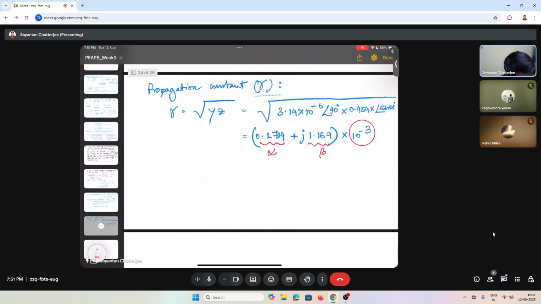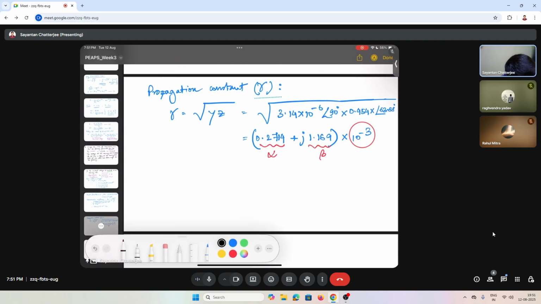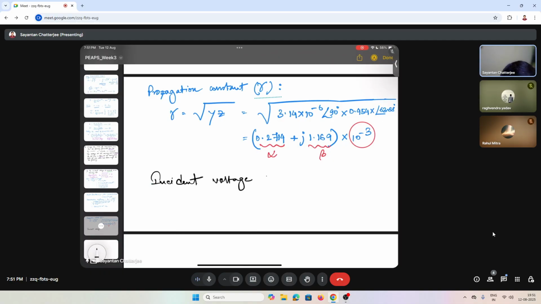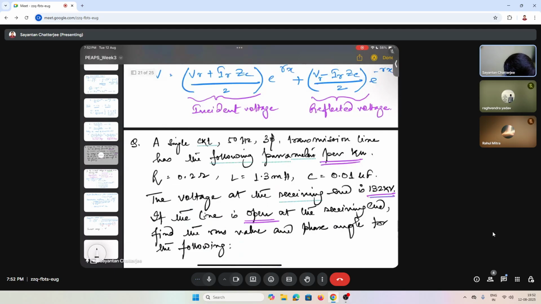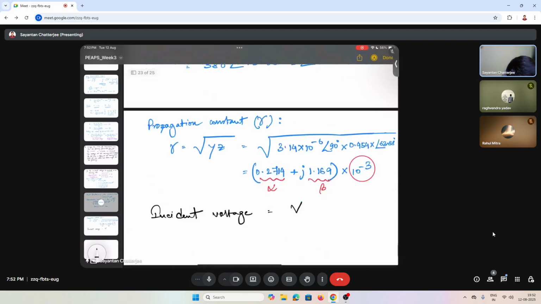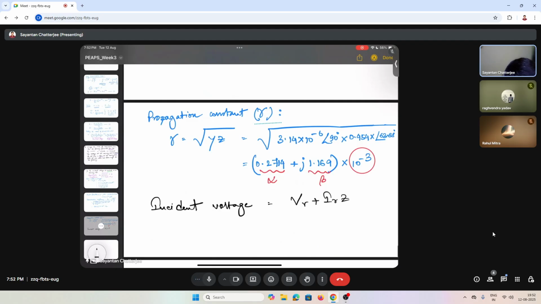But for the time being, in the first question, the incident voltage will be given as VR, the receiving end voltage, plus IR ZC, divided by 2.